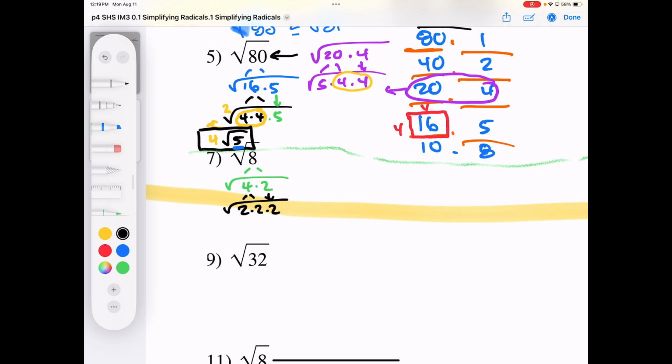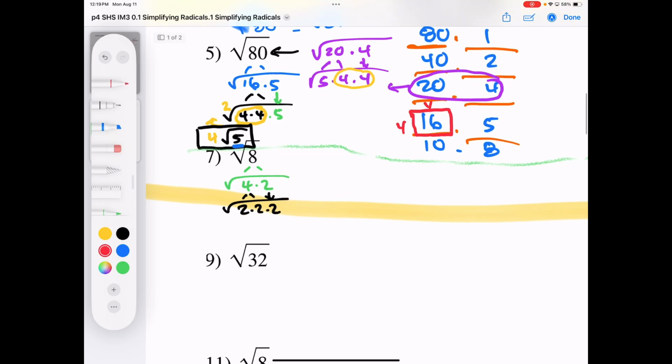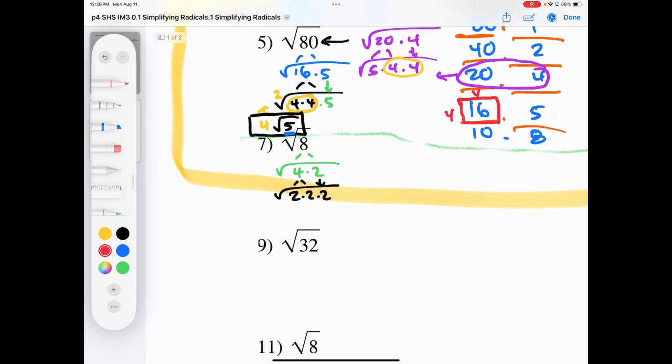Orange chairs. What goes on the outside? Green chairs, what goes on the inside? Yeah, don't forget that guy. Didn't have a pair to go outside with. Your answer is 2 radical 2.